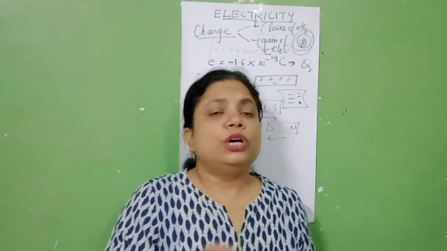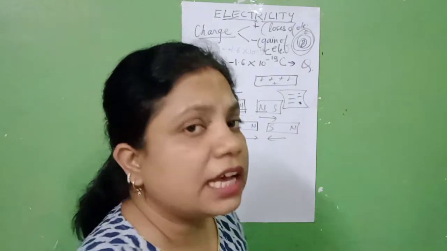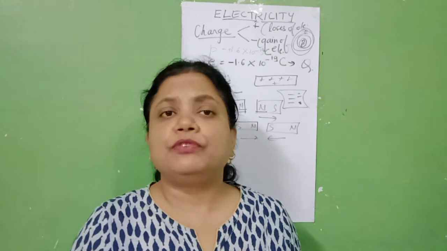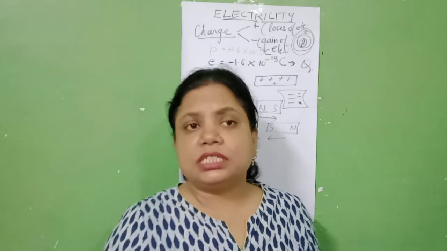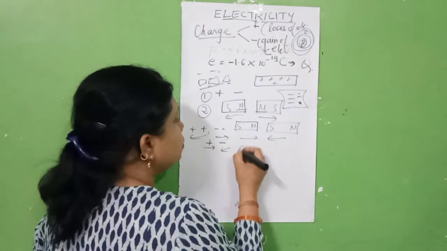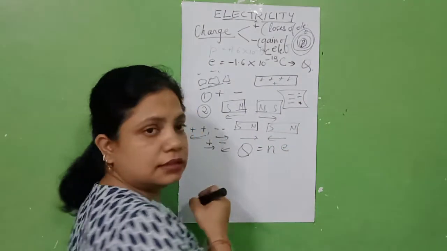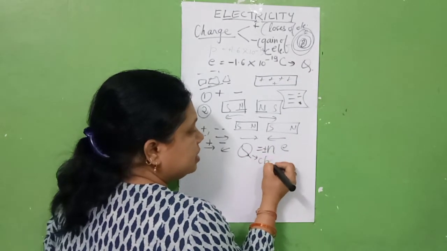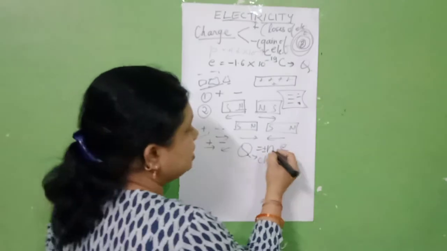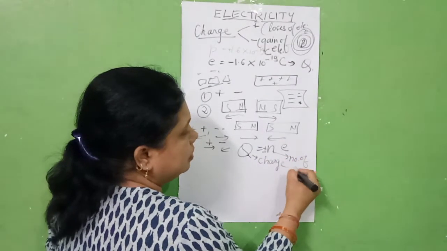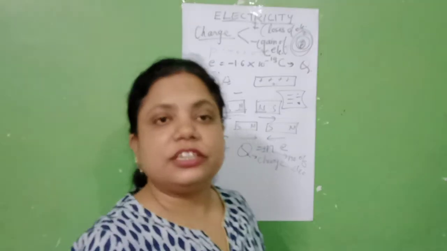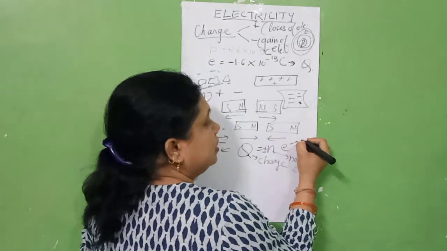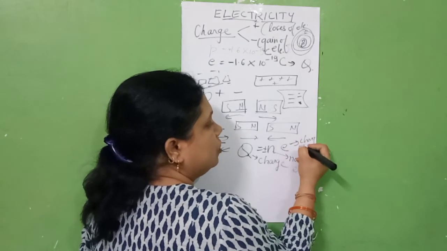Clear? So if the question is to calculate the number of electrons in 1 coulomb charge, before going ahead I want to share that, as we know, Q is equal to plus or minus NE, where Q is charge, N is the number of electrons, which is an integral value that can be 1, 2, 3, and E is the charge on the electron.